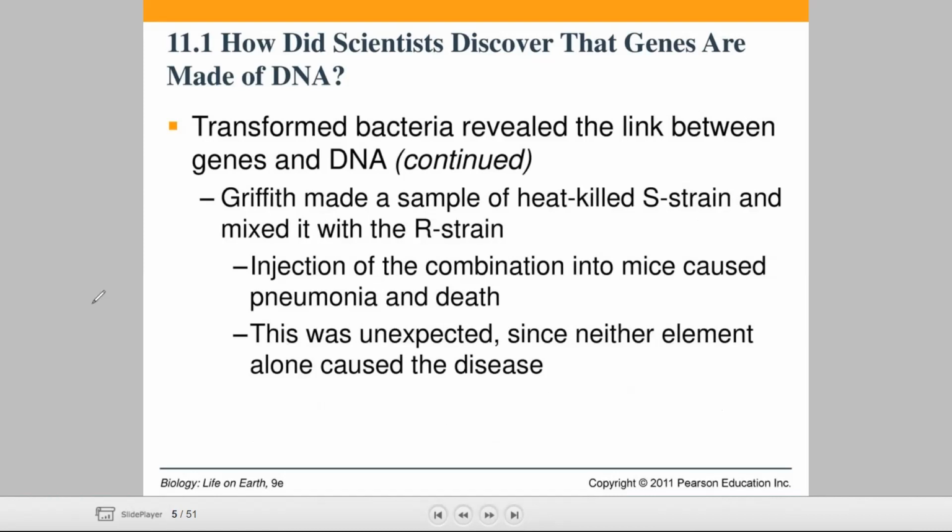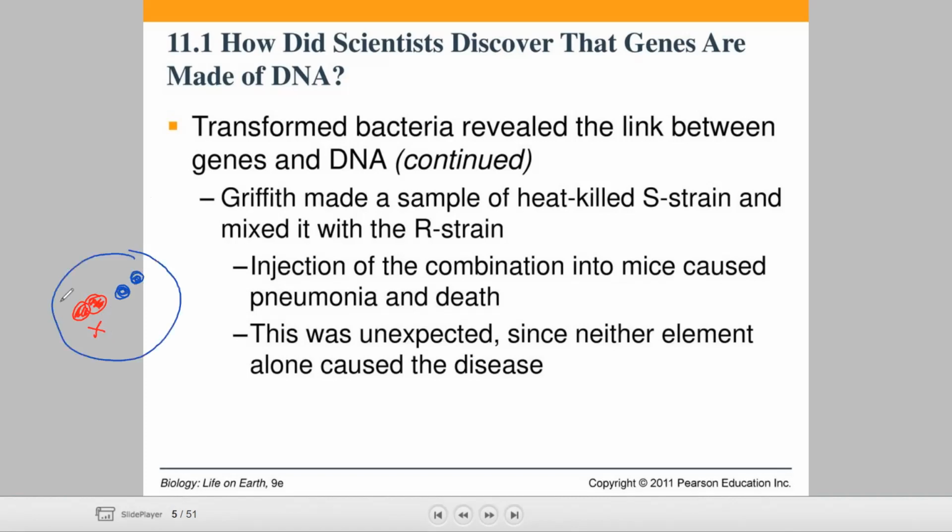This one. So you have the S strain, this one, in red. And then I heat it up like this one. So it is now inactivated, right? Cannot cause pneumonia. And then I mix it with the R strain. R strain, I will give it as blue dots like this one.